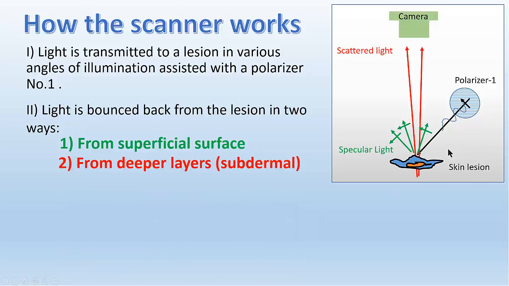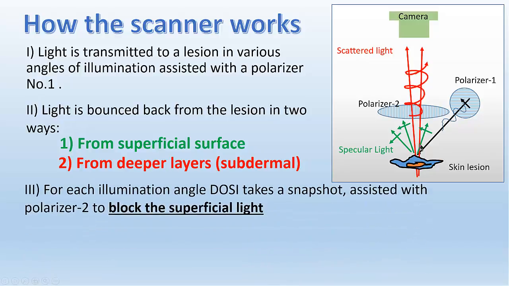The second information that will be allowed to go to the camera is from the deeper layers, and the deeper layers generate some other polarization that can be transmitted by the second polarizer.